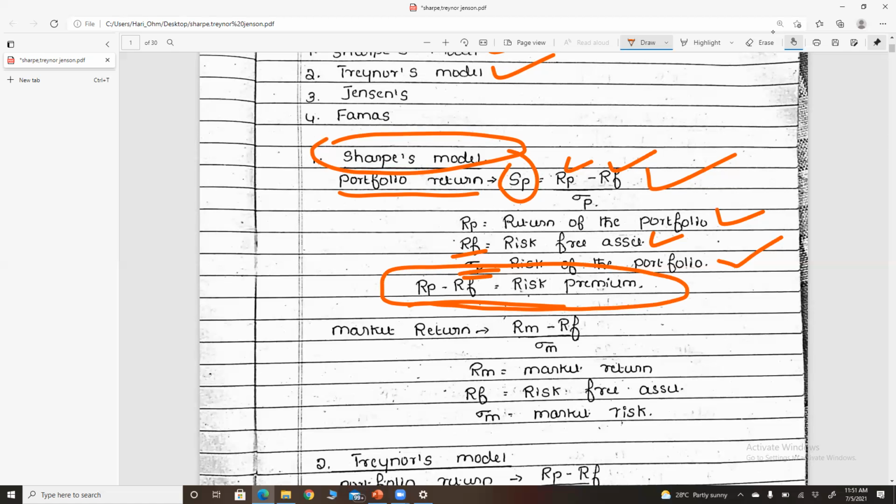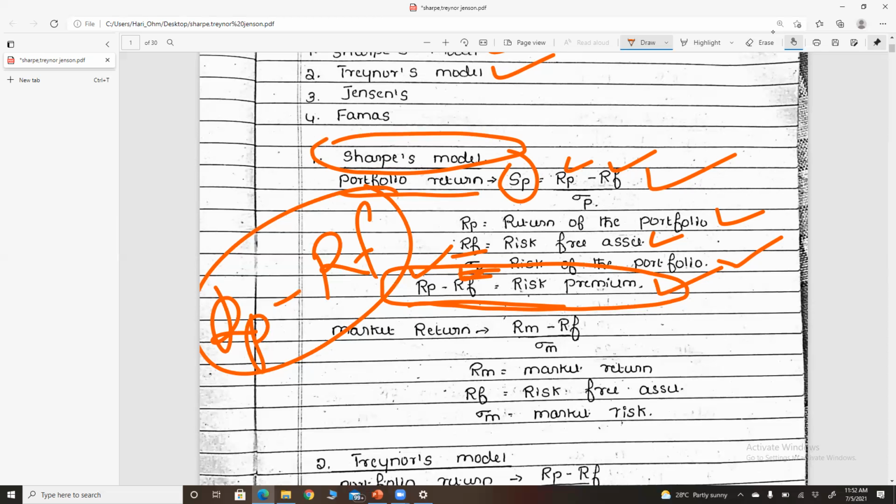I would like to give an example for this risk premium. RP is the return of the portfolio, RF is the risk-free asset. RP minus RF is nothing but risk premium. Take for example risk-free assets: if you invest in a post office, or in a nationalized bank as an FD, or in a post office as an RD or FD, that is a risk-free asset.